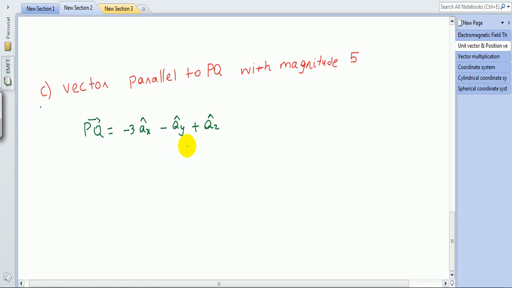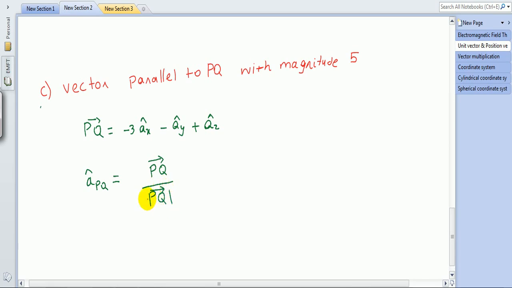Now we want to find a vector which is parallel to PQ. So first we will find the direction of PQ, so that we can easily find the parallel vector with magnitude 5. For the direction of PQ, we will find the unit vector along the direction of PQ, which will be the PQ vector divided by the magnitude of the PQ vector.